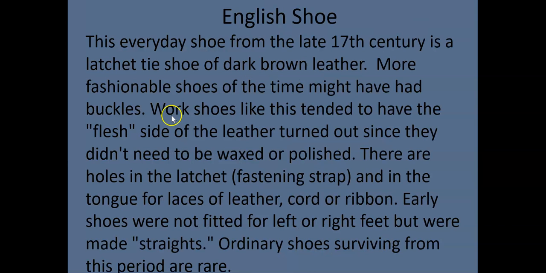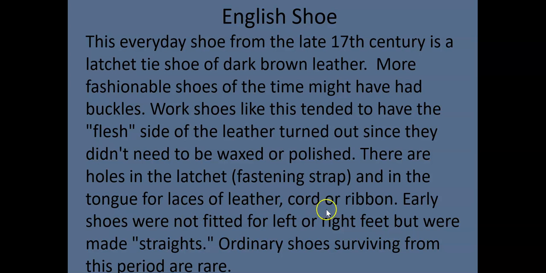Now some details. It's an everyday shoe from the late 17th century, the 1690s. It's a latchet tie shoe, dark brown leather. More fashionable shoes of that same time would have had a buckle, so it's not very fashionable. In fact, it's a work shoe. They had the flesh side of the leather turned out since they didn't need to be waxed or polished. There are holes in the latchet for them to be fastened, kind of like the same idea of when you put laces through shoes.